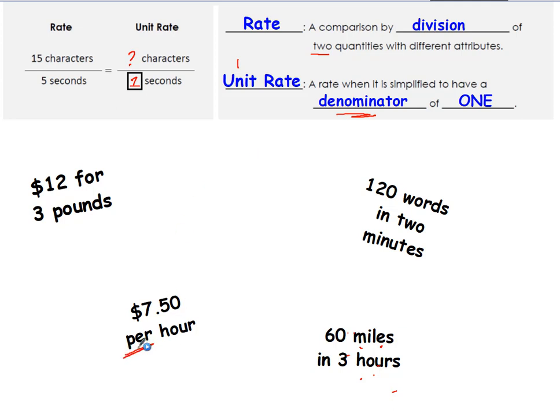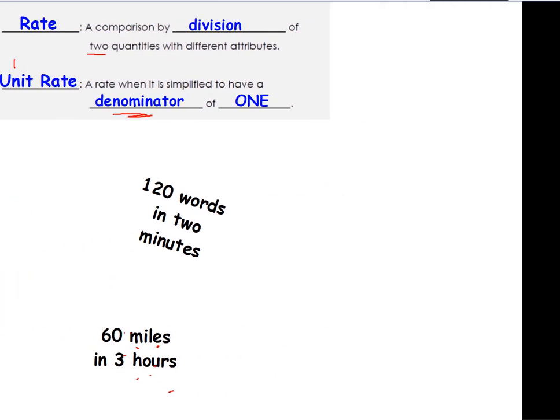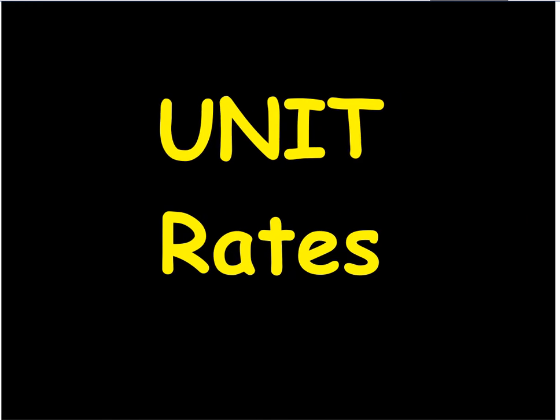That per hour means for each hour, for every hour. So this is $7.50 in 1 hour, 1 being the unit rate. So this would be my unit rate. Okay, let's move on. Let's talk a little bit more about unit rates.